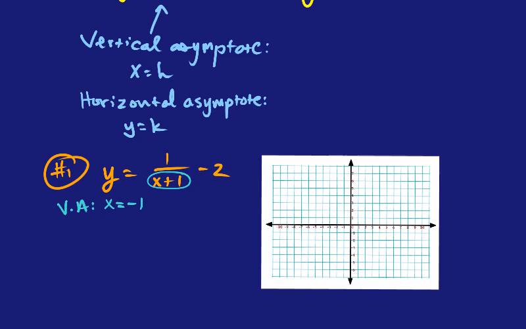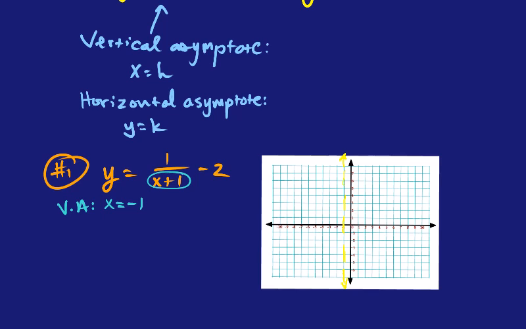So at -1 on the x-axis, I'm going to draw in my vertical asymptote. I use dotted lines to do that, and it's really important that you draw in your asymptotes so that you can use them to help guide you in making a nice graph.